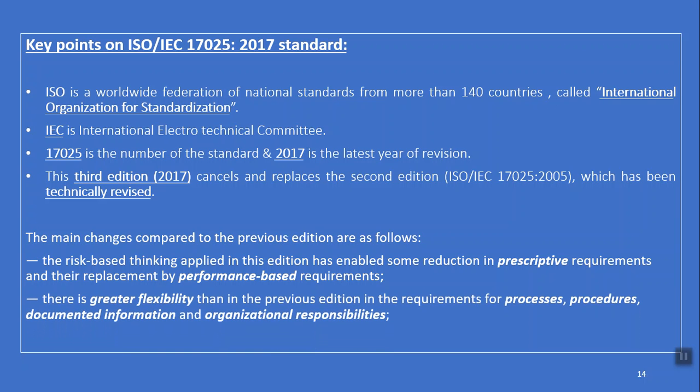Then there is greater flexibility than in the previous edition in the requirements for processes, procedures, documented information and organizational responsibilities. So a lot of flexibility is given. One example is that in organizational responsibility, the previous version used to call for deputies for important functions, which is not there now in the new version.